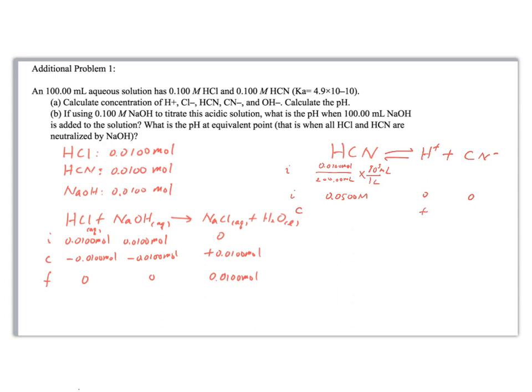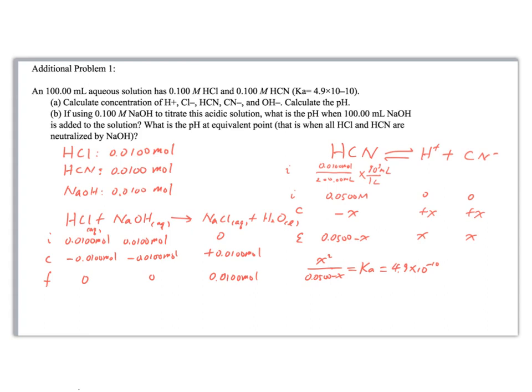We assume we need x for H+ and x in terms of concentration for cyanide, and the concentration of HCN will decrease by x. At equilibrium, we have 0.0500 minus x, x for H+, x for CN-. And x squared over 0.0500 minus x equals Ka of the weak acid, which is 4.9 times 10 to the negative 10.